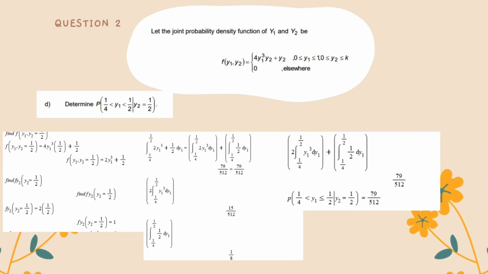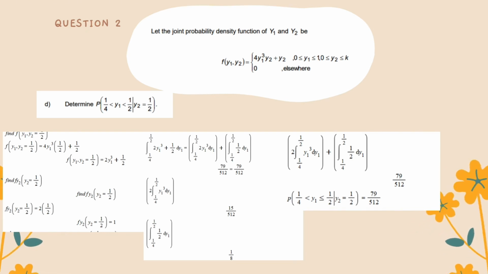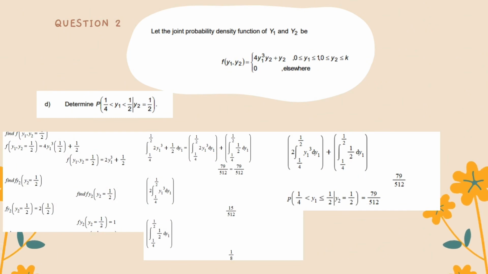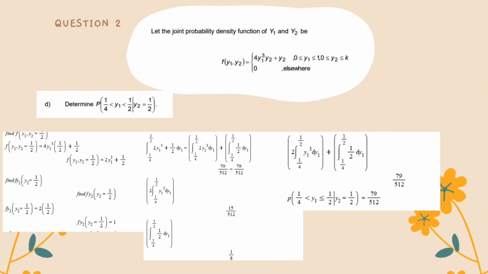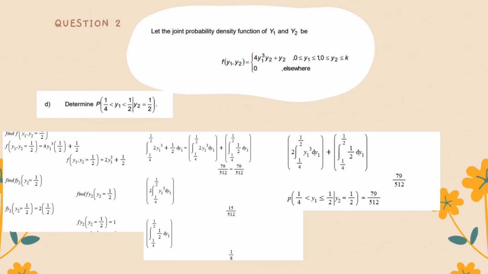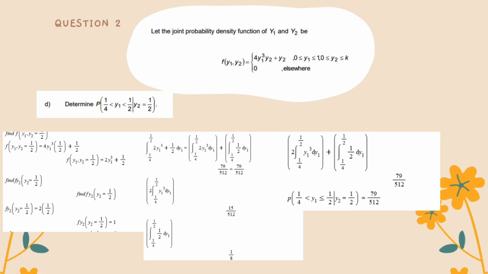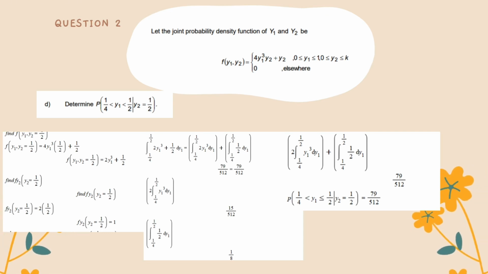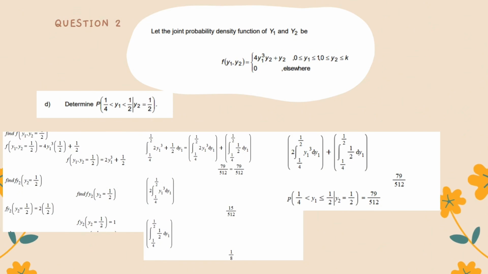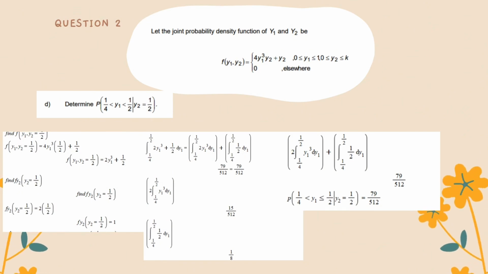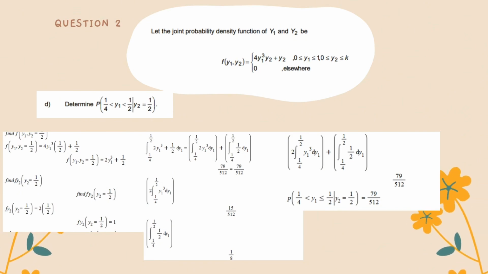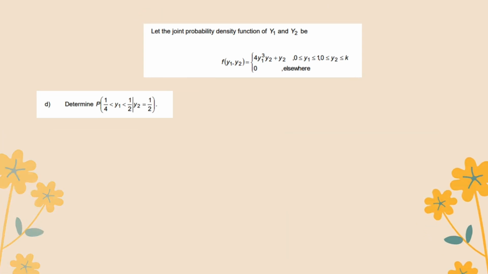Using the conditional probability formula, the integral of f(y1, y2) at y2 equal to 1 over 2 over y1 more than 1 over 4 and less than 1 over 2 is normalized by the marginal at y2 equal to 1 over 2, and we get 79 over 512.